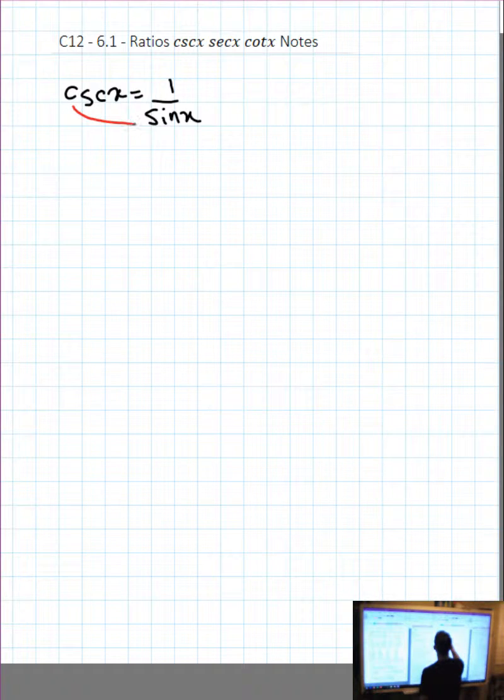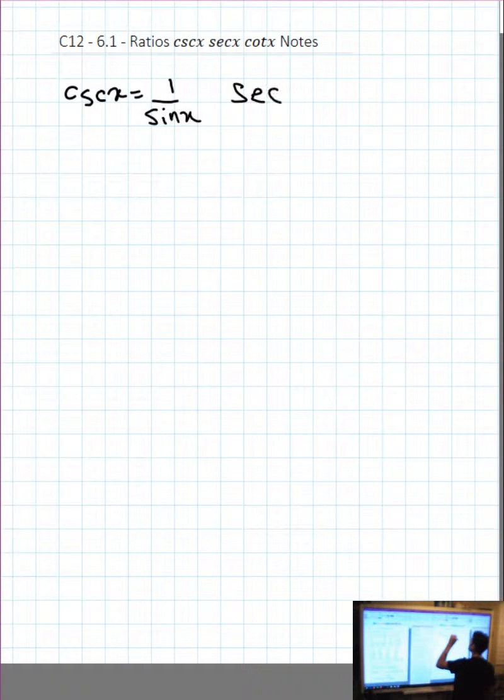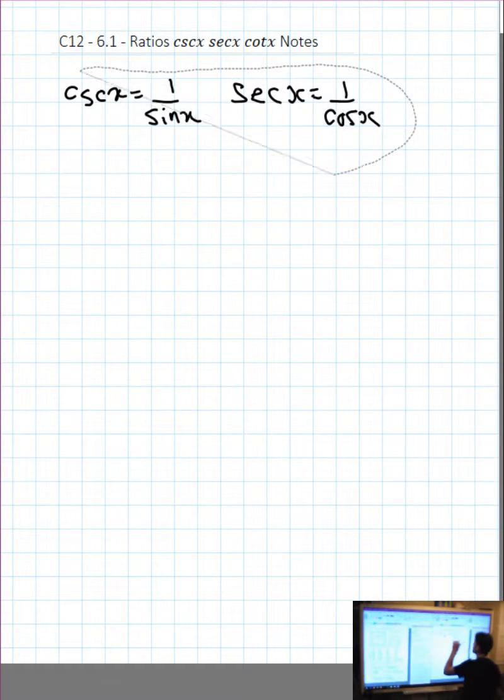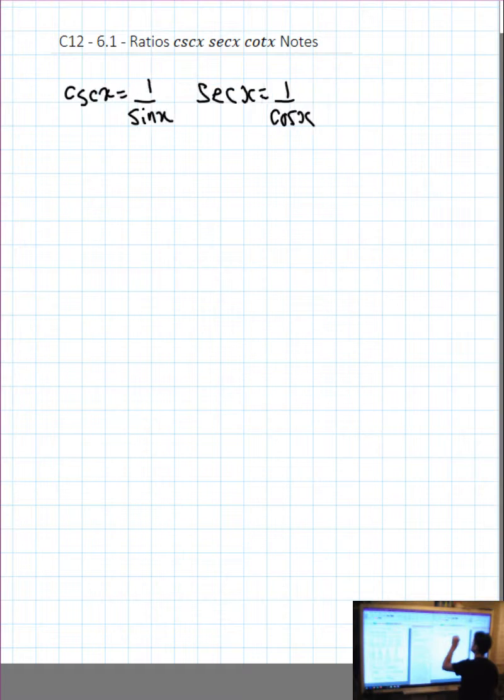Remembering the one with the C first flips with the one with the S first. Not to confuse that rule with the T's. Now, secant x is equal to 1 over cos x. The one with the S first flips with the one with the C first.